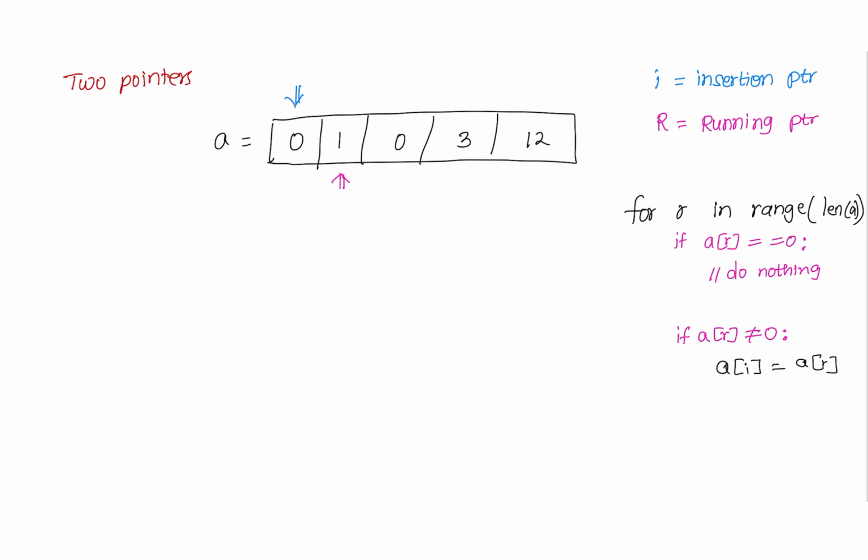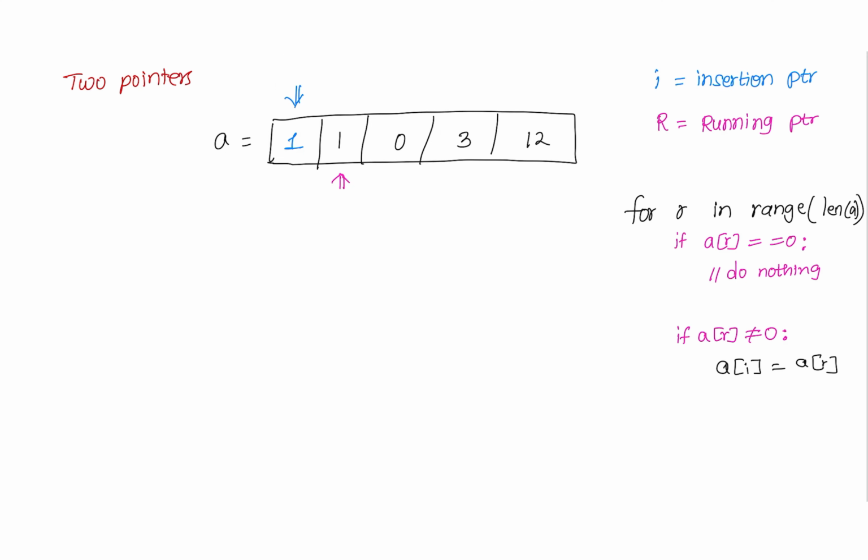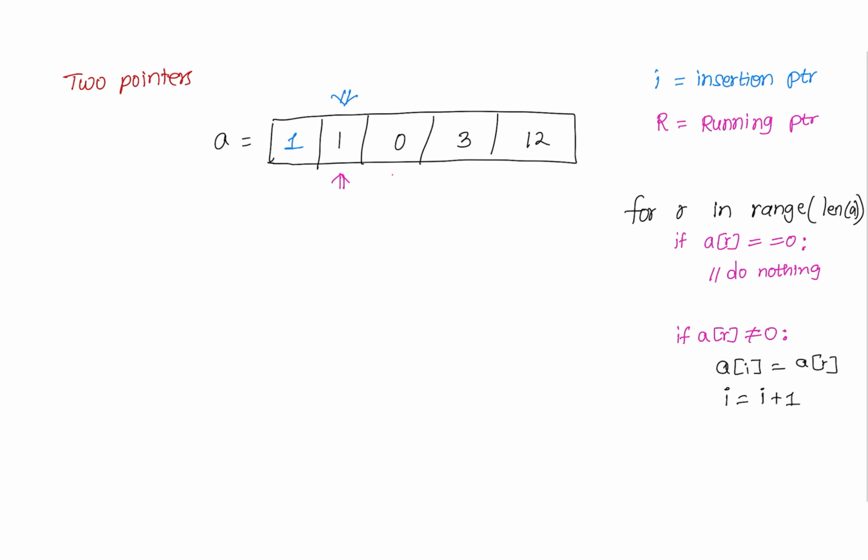So array at index I equals array at index R. Basically we move 1 into the first position, actually the 0th position. Then we increment the insertion pointer. Now the insertion pointer, the one in blue, moves 1 step forward. We continue the loop. The running pointer moves to the next number.